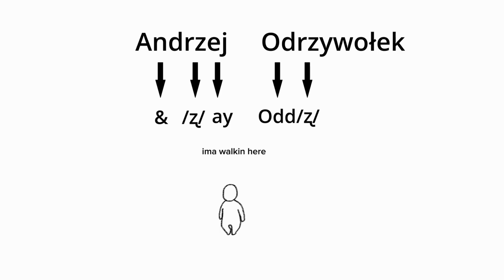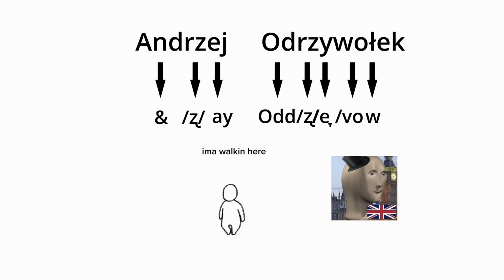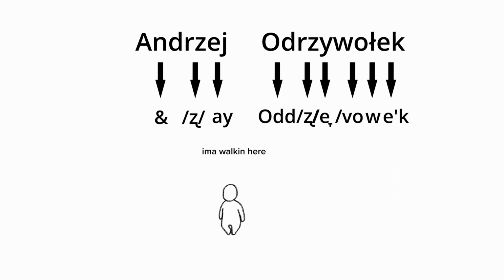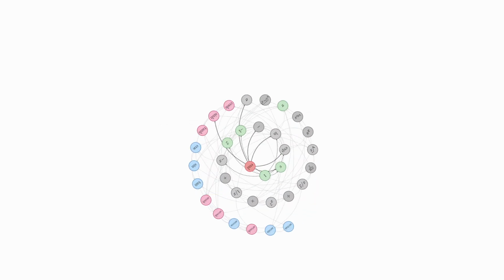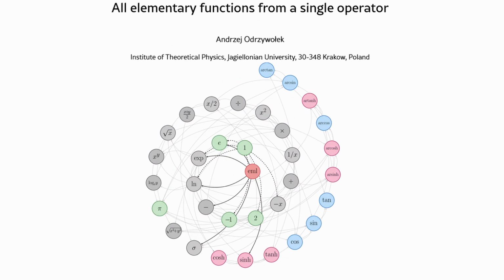Od, ż. Once again, w, which is pronounced similarly to English W, as in bottle of water. Ek. Written this way so that you don't pronounce it as ik. Andrzej Odżywiołek. Now, someone who understands math can tell me what his research is about. I don't know, but it looks cool.